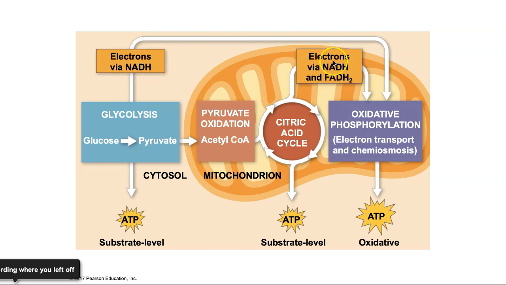We'll get to that in a second, but they both function in the same way. Those are our electron acceptors that are going to be shuttling the electrons, and we shuttle them to the very end over here. So when we get to there, you'll see what happens. But that's what you need to pay attention to, as well as the location.